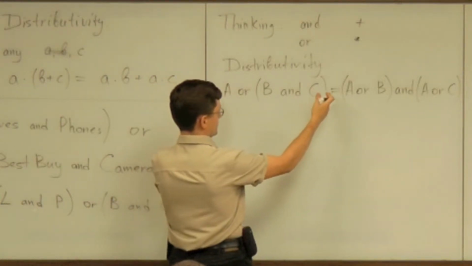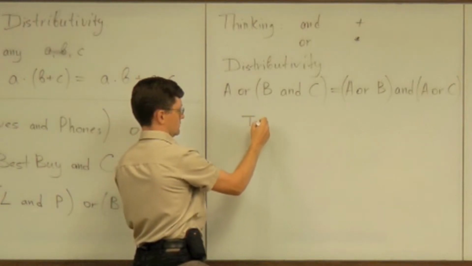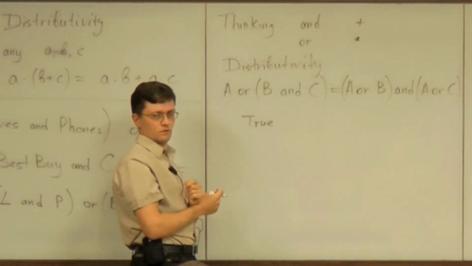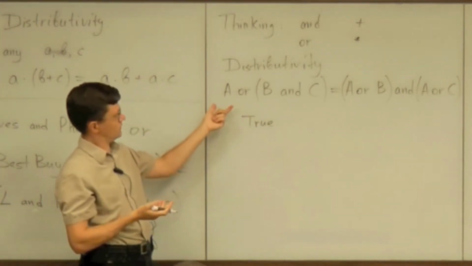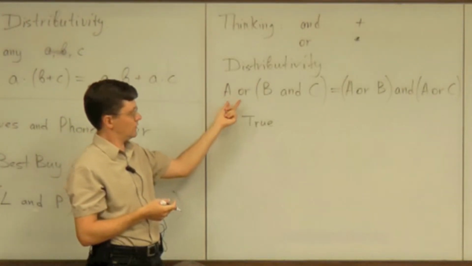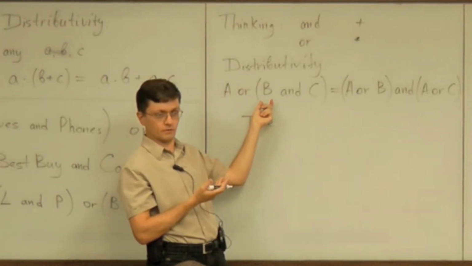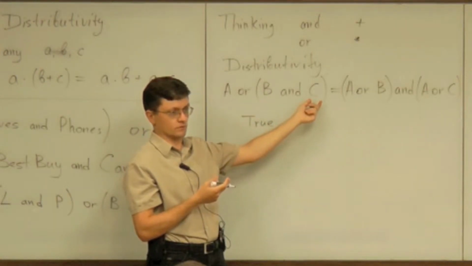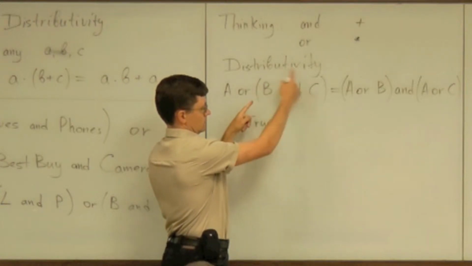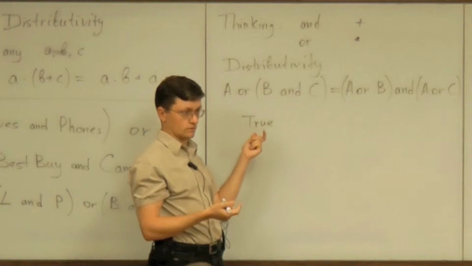What does it mean that left side is true? Well, it means either A is true or that bracket is true, or both. Okay? What does it mean that that bracket is true? What does it mean that it is true that B and C? Does it mean that B is true?